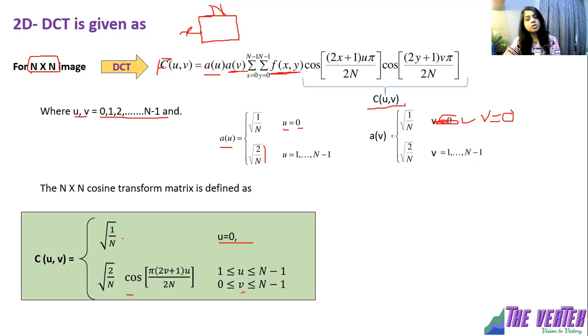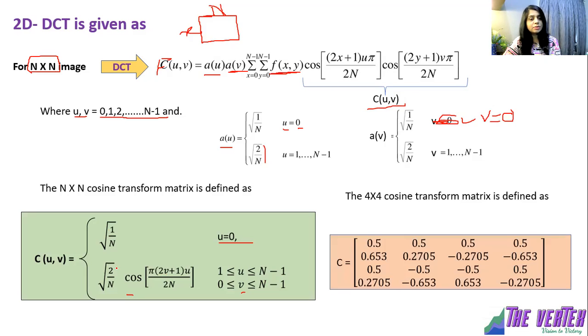If you put in the values and calculate, then you will get this matrix for a 4 by 4 image. If n is equal to 4, then you will get these values.